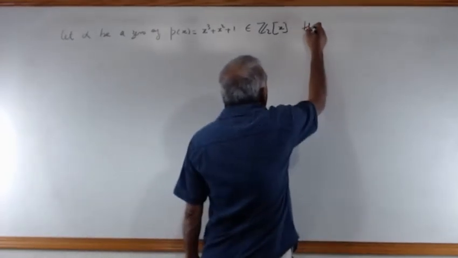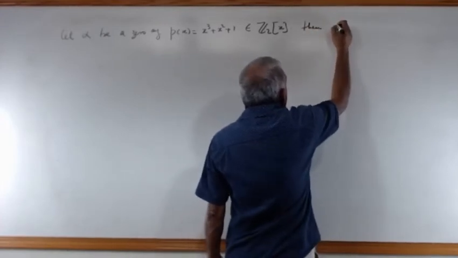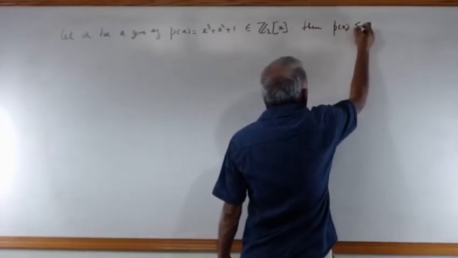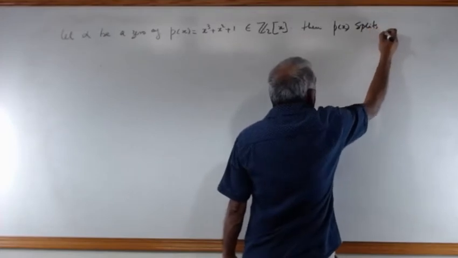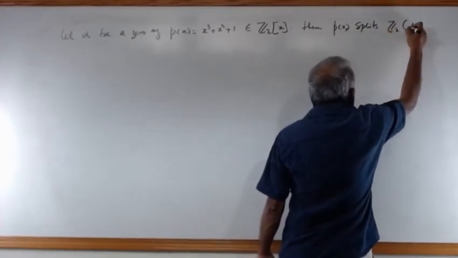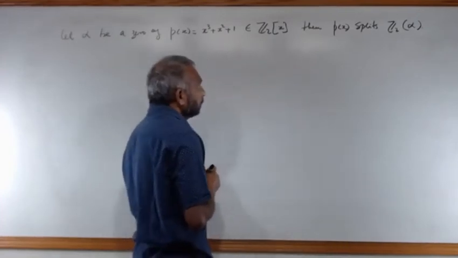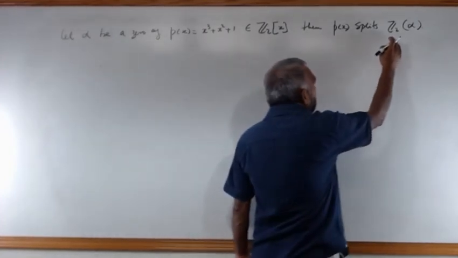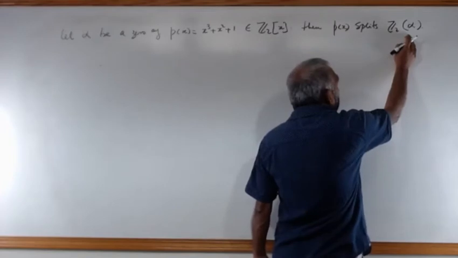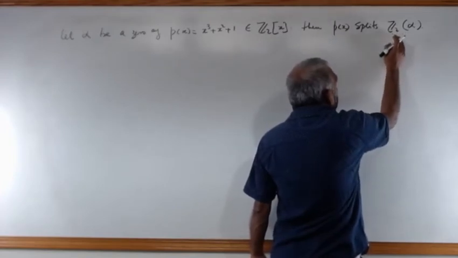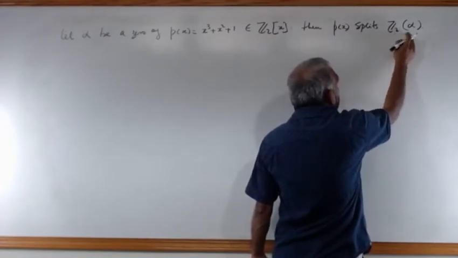Then p of x splits Z2 of alpha. Z2 of alpha is the simple extension containing alpha.